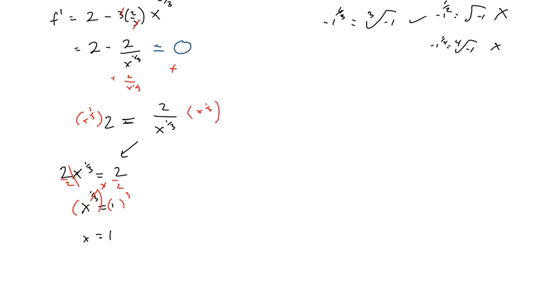So that's a potential answer. That's one of my critical values, x equals 1. Another critical value, and another option I have to take. What's my other critical value? What other situation do I have in this problem that I have to deal with?